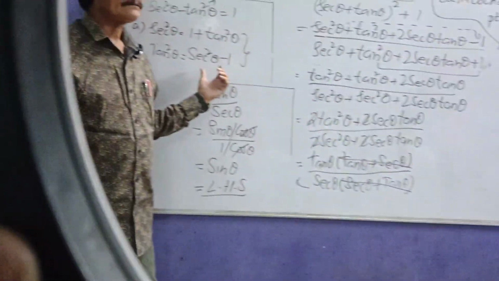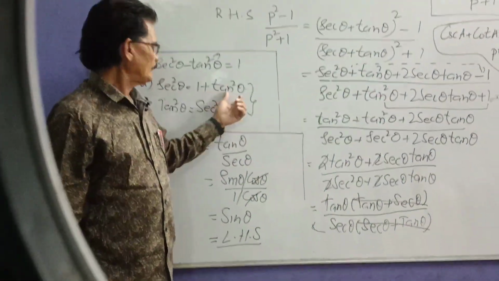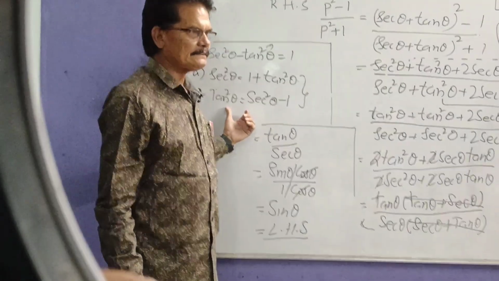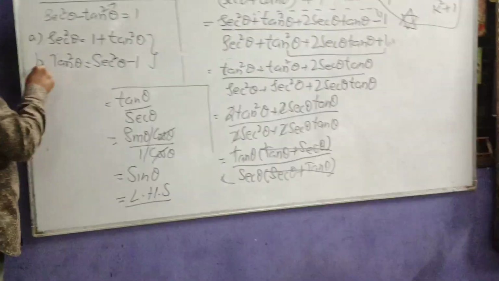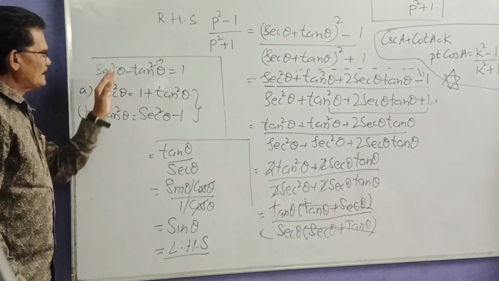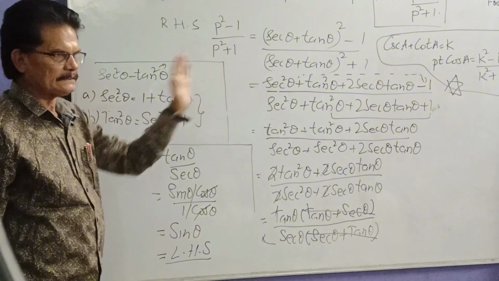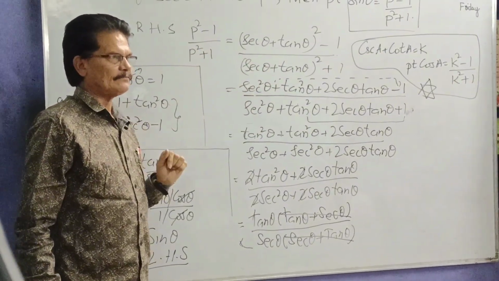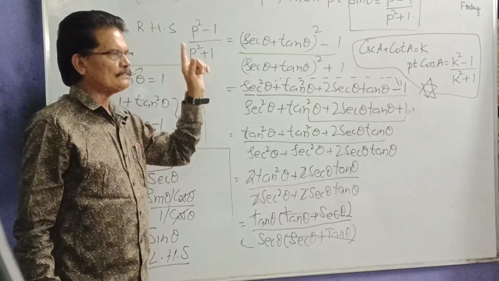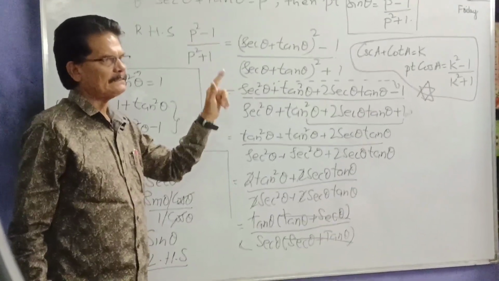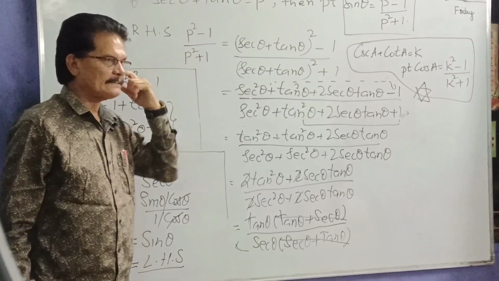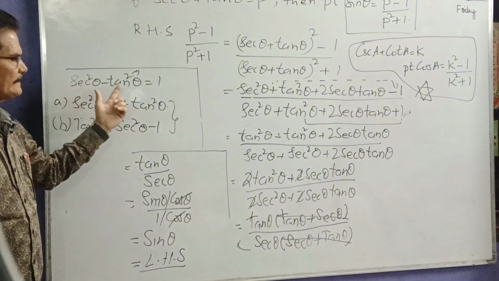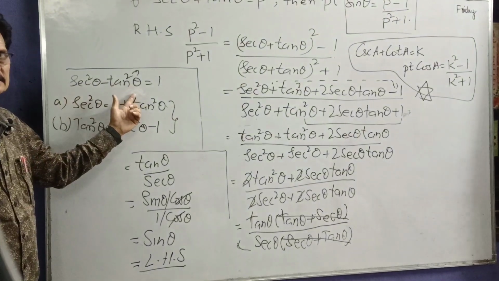Sec square theta and tan square theta, name them as A and B. The same story you have to do there, but there you have to use the third identity. What is the third identity? Cosec square A minus cot square A is equal to 1. Here we used sec square theta minus tan square theta as 1.